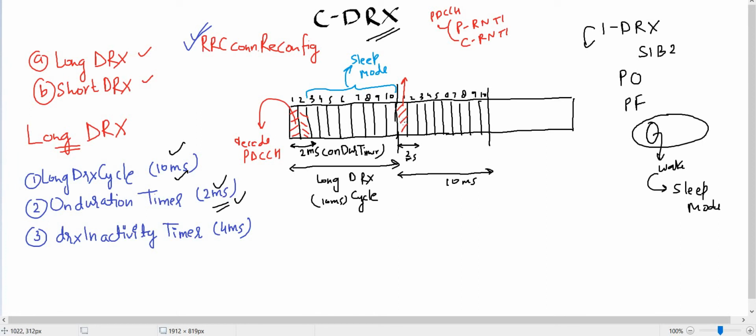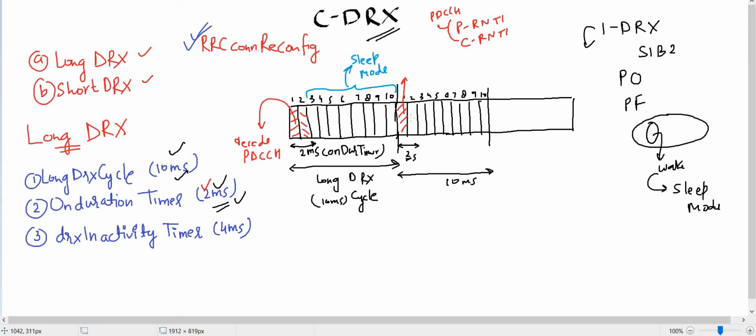Now the UE decoded the PDCCH here at the first subframe in the on duration timer. Suppose it has found that some incoming data is coming here.